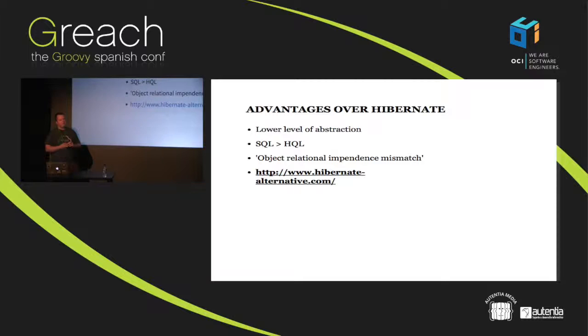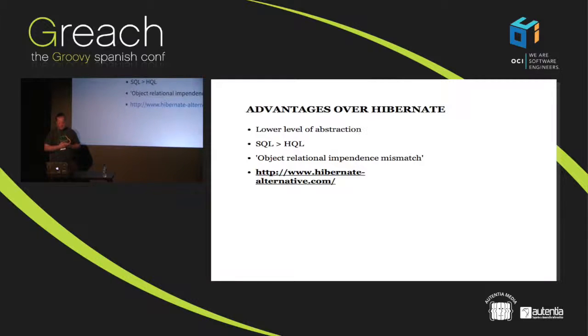Now jOOQ does that, but you tell it what database you're going to be generating SQL for when you create an instance of that DSL context class I mentioned earlier. And when you do that, it's going to generate SQL specifically for that database. And so you can use the database specific features and still get compile time checking. Basically, if you try to use something in jOOQ and that database doesn't support that feature, it'll just tell you.